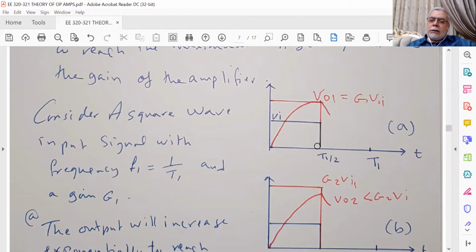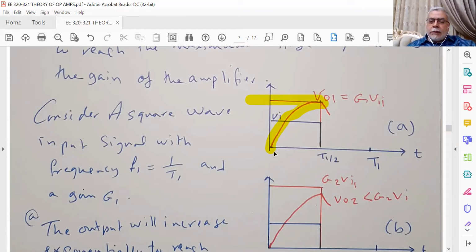Assume this is the square signal. This is T over 2, and this is T. In this case, the output will increase exponentially to get the maximum. Assume we have a gain of G1, so the output must be G1 VI1. This is VI, so it must reach this value.